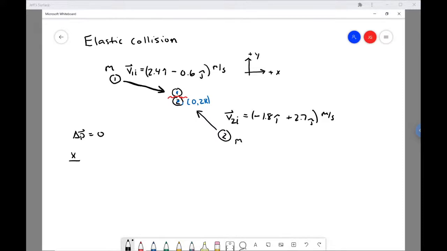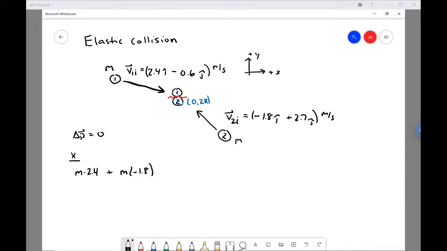So the momentum before the collision of ball 1 in the x direction is m times 2.4 meters per second, and the momentum of ball 2 in the x direction is m times minus 1.8 meters per second.